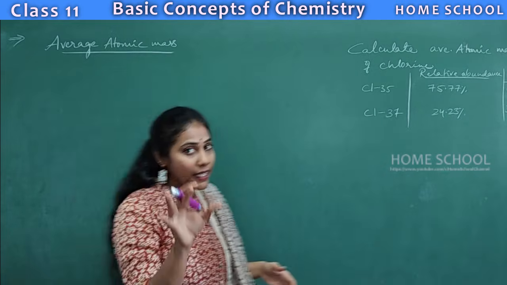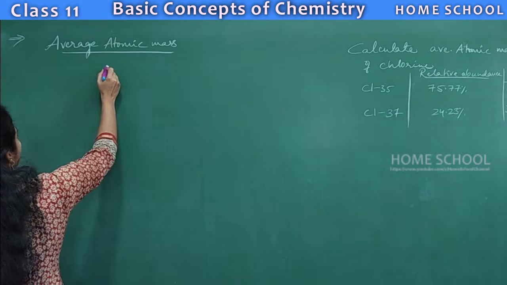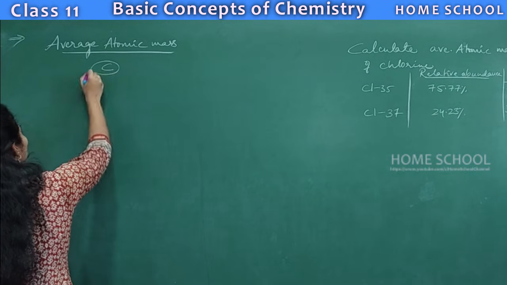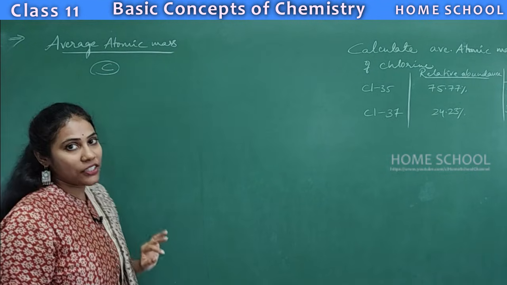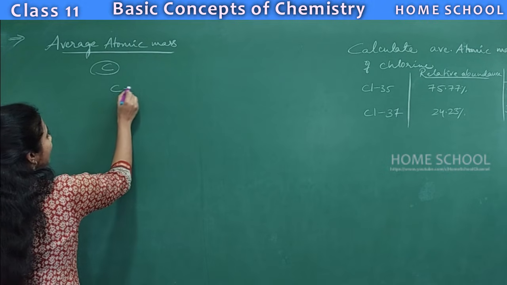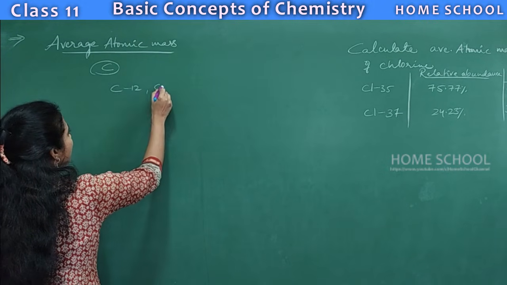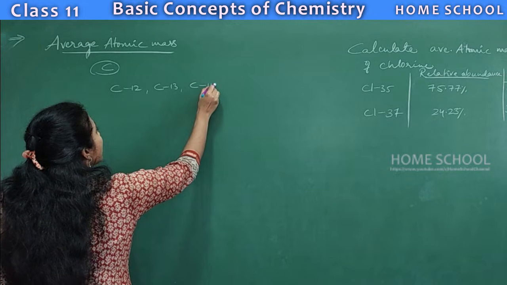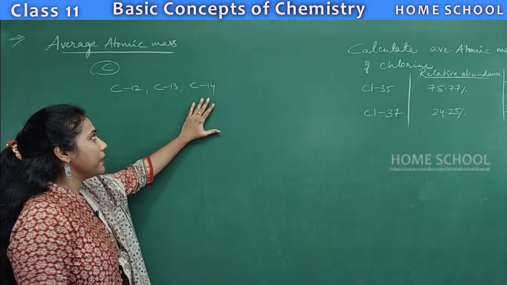Clear? Say if you take an element like carbon, we have different forms of carbon in our nature. What are the three forms of carbon? Carbon 12 is there, carbon 13 is there, and carbon 14 is there. So these are different forms of carbon.